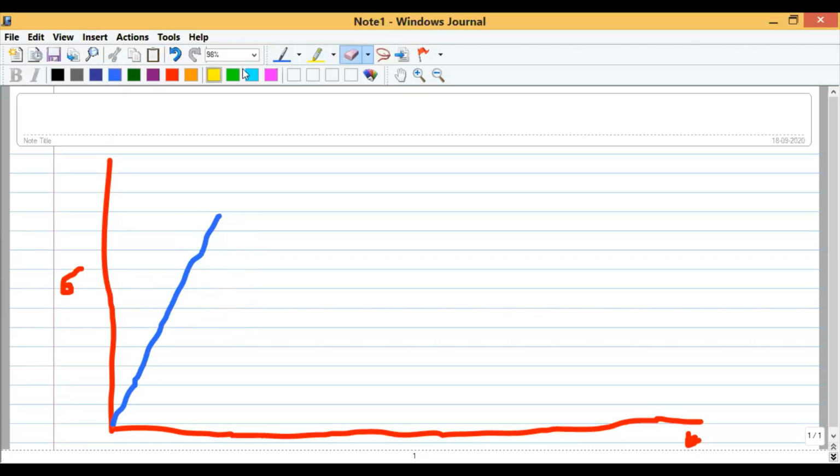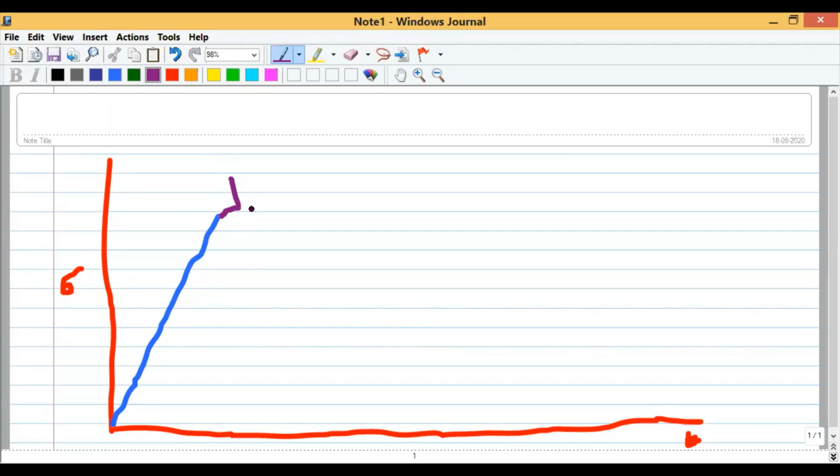But once this linear relationship is over, after some time the material starts yielding. Before yielding, there will be an elastic limit. Suppose the elastic limit occurs at this point.